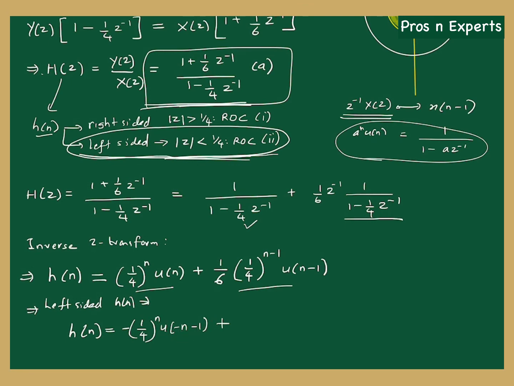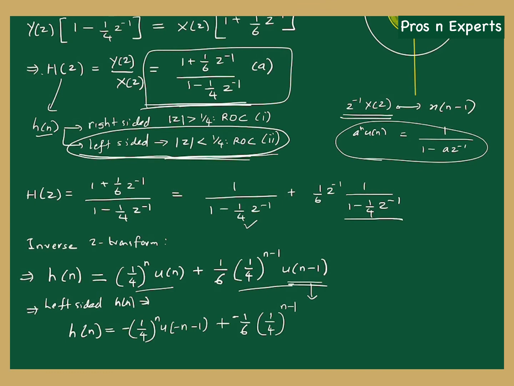Okay, plus, what about the second term? Second term is 1 by 6 into 1 by 4, okay, it is not plus, you have to add minus, right? Plus minus 1 by 6 into 1 by 4 raised to n minus 1, you cannot change it. Now how will you change u of n minus 1?